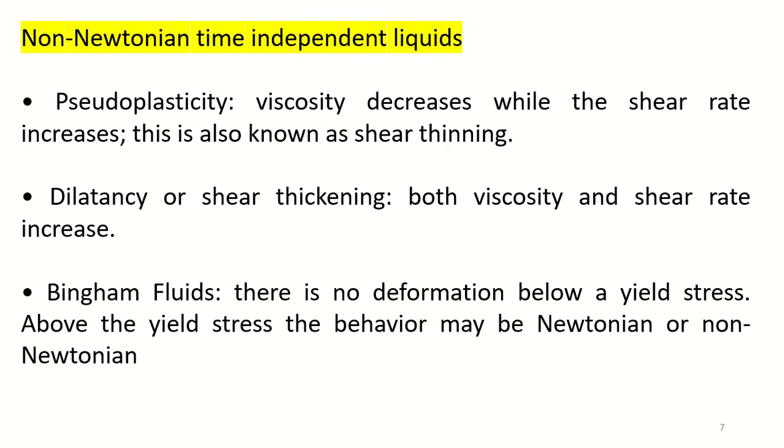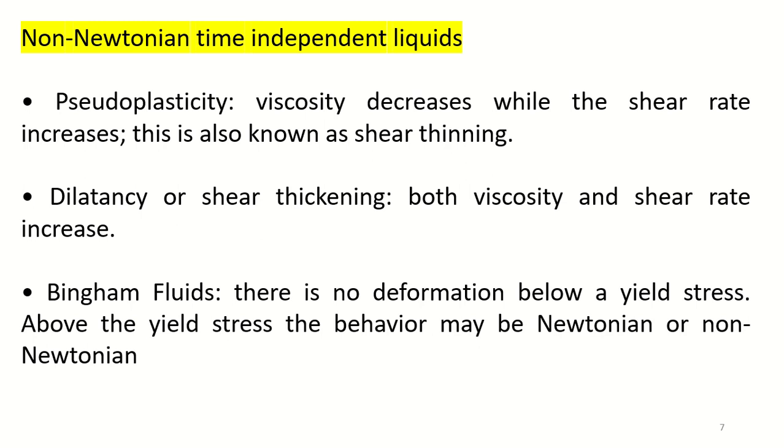The second is dilatancy or shear thickening, in which both viscosity and shear rate increase. While the third one is Bingham fluids, in which there is no deformation below a yield stress.